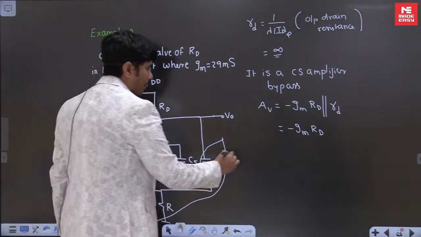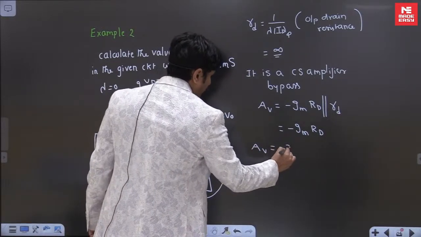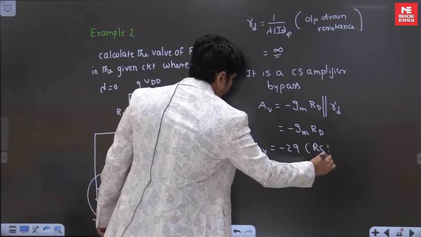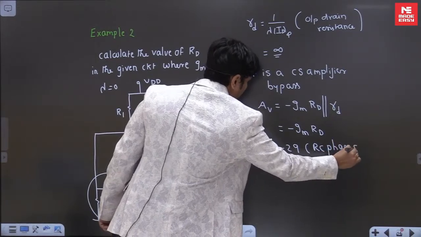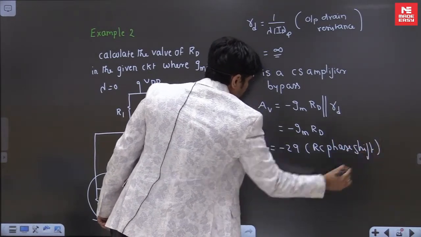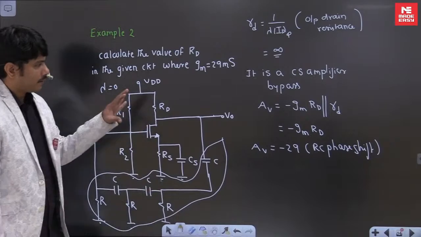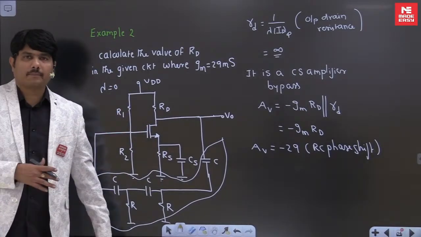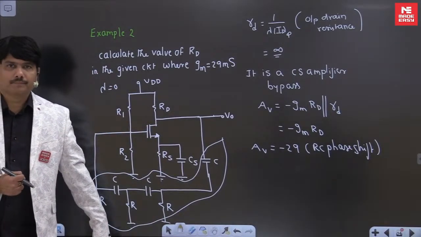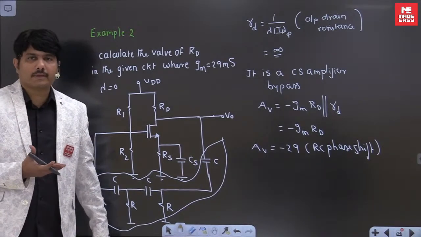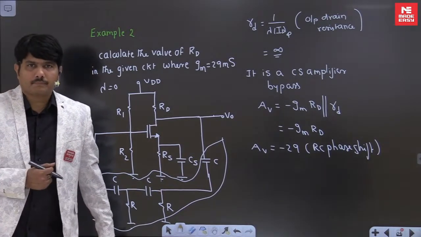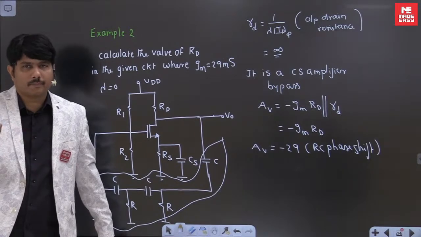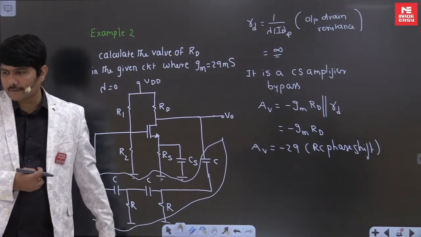The gain for an RC phase shift circuit will be minus 29. I already said in the classroom that these values are very important to recollect because the examiner will not give them. If I ask you the Wien bridge oscillator, what is the gain? It should be 3. If it's an RC phase shift oscillator, how much? It's minus 29. So this is the trick.